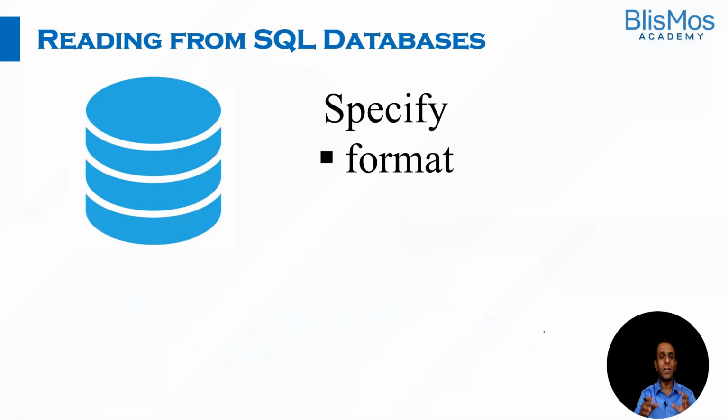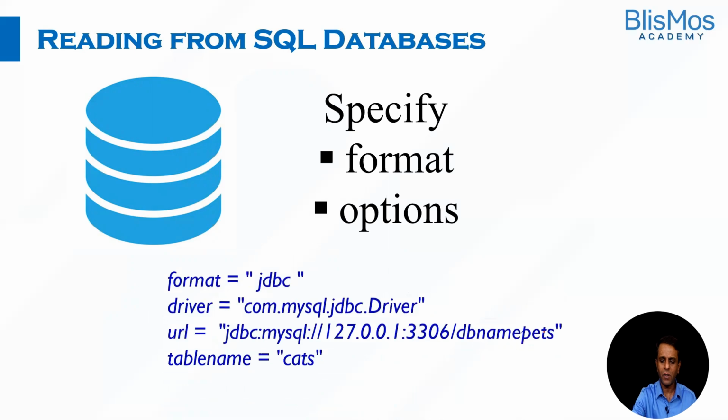Then how do we read the data from SQL databases? We've got to specify the format. Which is the format? We'll see that in a bit. And we need to provide the different options as well. The format would be either JDBC or ODBC depending on which database we are trying to read the data from.